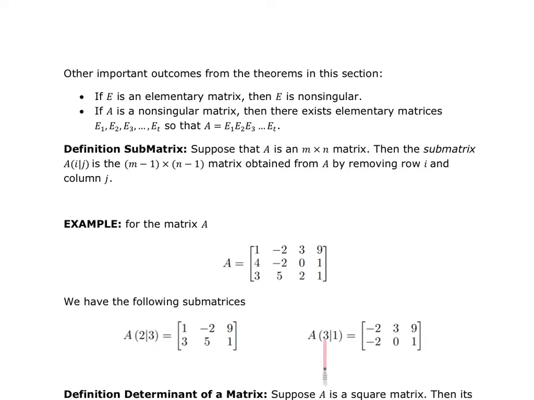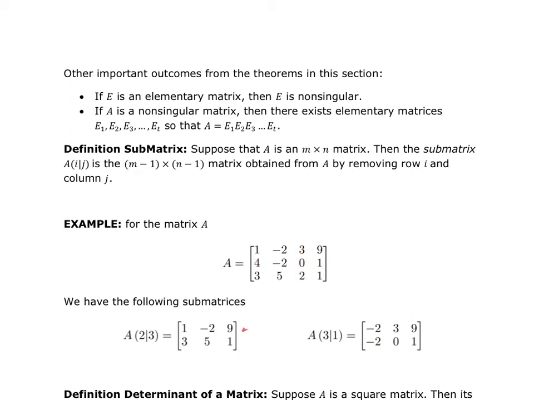In this example, I removed row 3 and column 1. So I removed this row. So this one is I removed row 3, column 1, and you can see that's what that matrix is. And then, of course, this first matrix is I removed row 2, column 3, and you can see the matrix that is remaining here.